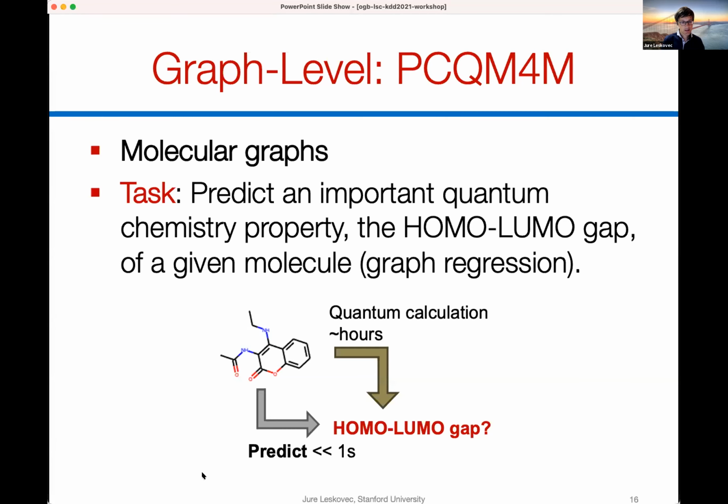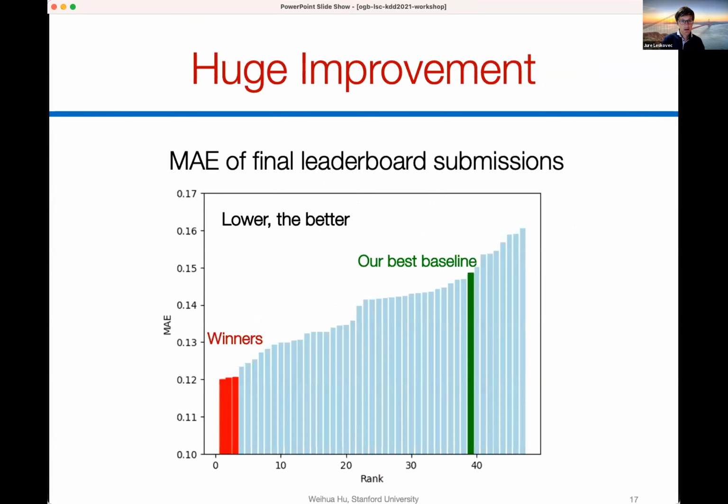And the idea is that we can build machine learning models that can take the molecule and very quickly, basically instantaneously, predict or output that same value that otherwise takes hours to compute. Here, the metric is mean absolute error.